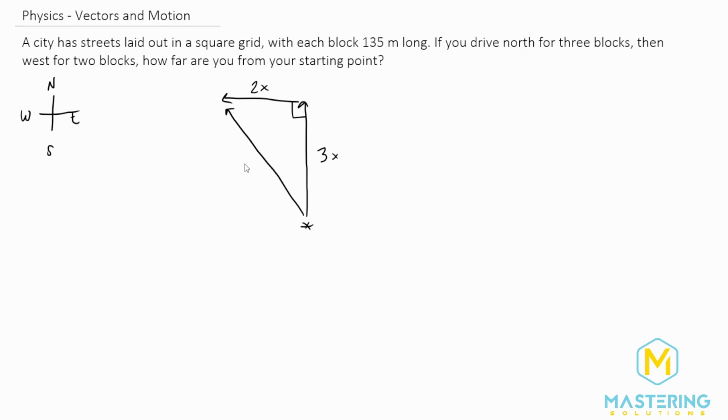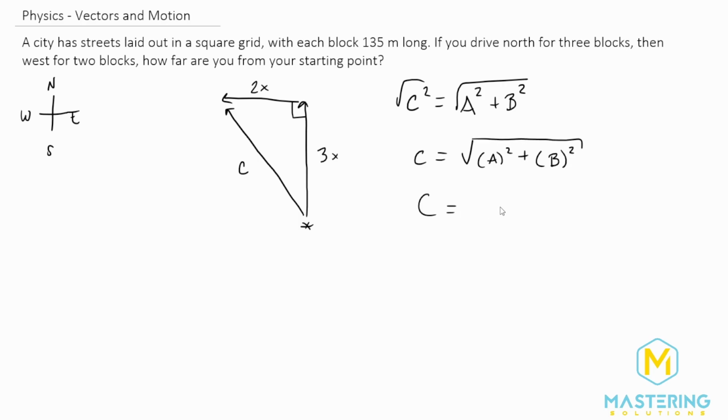So in order to find this, we're going to call the hypotenuse C. And we're going to use Pythagorean's theorem, which is c squared equals a squared plus b squared. And c, to isolate it, we take the square root of both sides, of course. So we have the square root of a squared plus b squared.